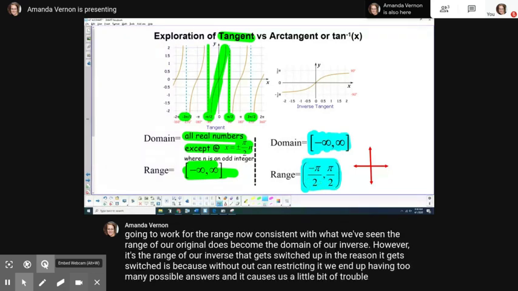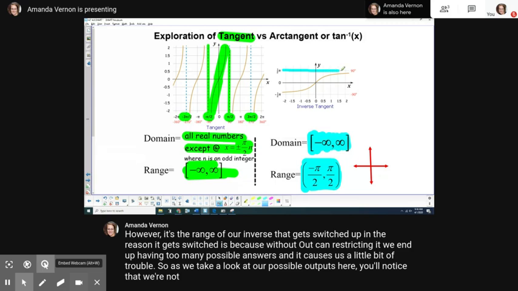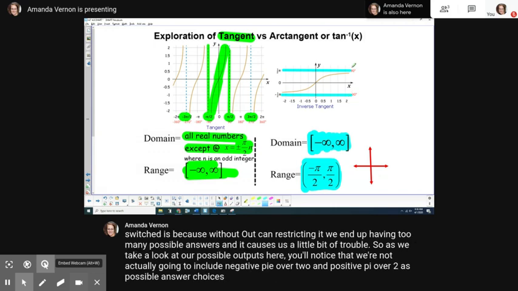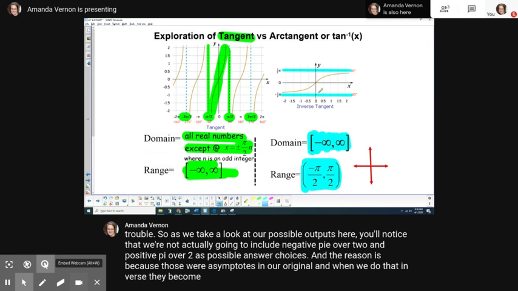So as we take a look at our possible outputs here, you'll notice that we're not actually going to include negative pi over 2 and positive pi over 2 as possible answer choices. And the reason is because those were asymptotes in our original, and when we do that inverse, they become asymptotes in that arctangent or tangent inverse function.